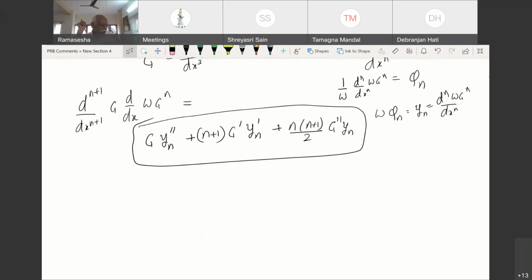Okay. Now there's one more way you can actually evaluate this d^(n+1) upon dx^(n+1), that is g times d by dx of W times g to the power n.